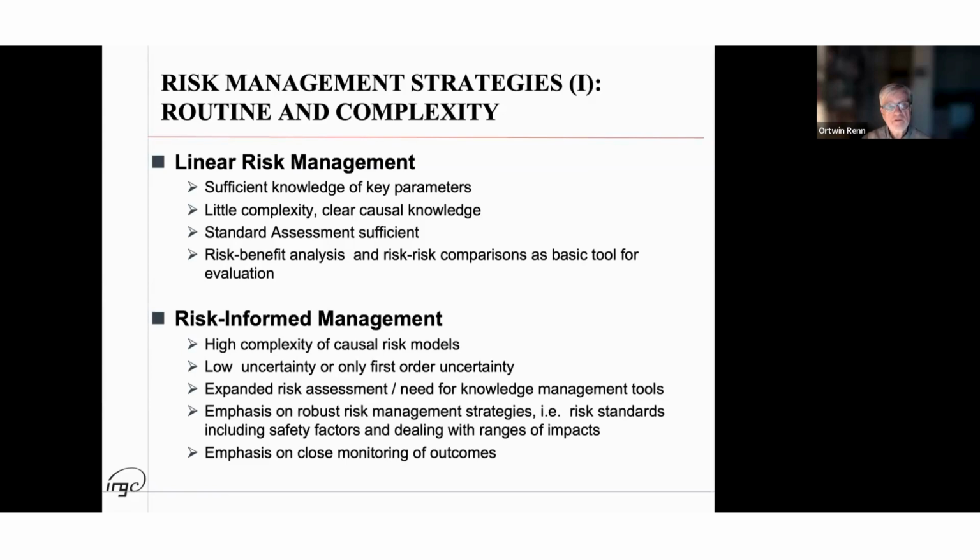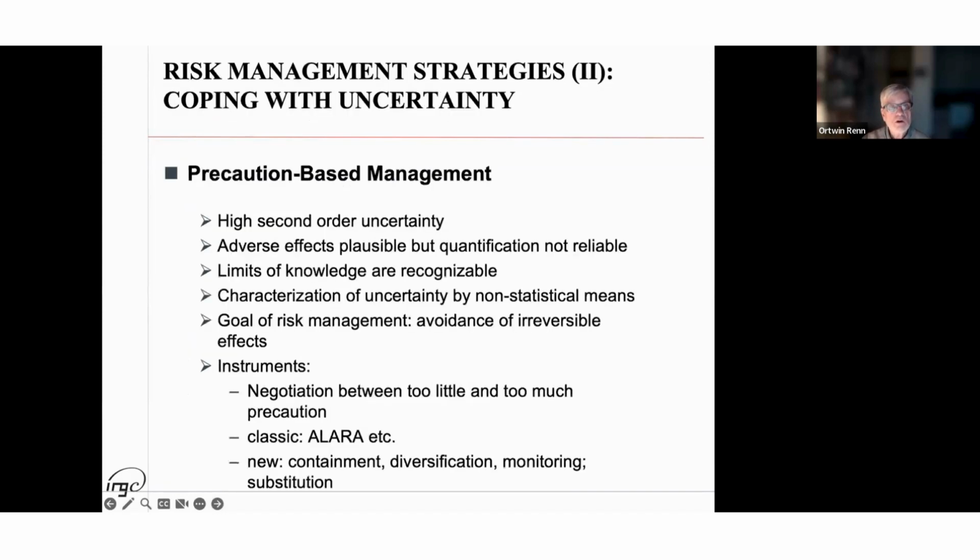It's probably good to put emphasis on robust risk management strategies, to think about the possibility that the less likely but not impossible model will prevail. And so we need risk standards, including safety factors in dealing with ranges of impact. And there's always an emphasis on close monitoring. Now, if you go to precaution-based management, that is where we really have the Pythia and Pandora case.